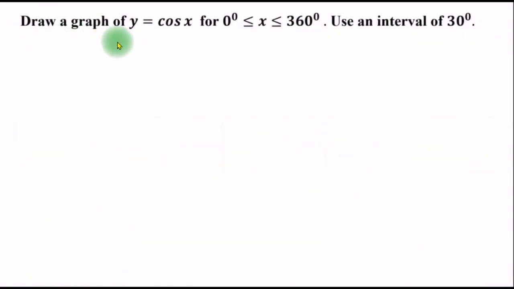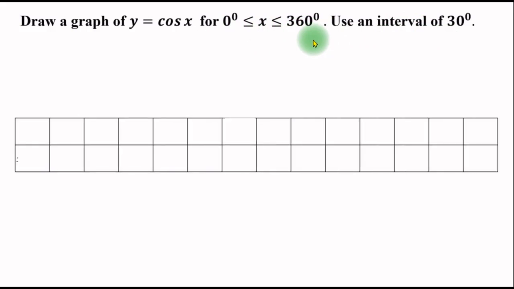So here we have another question. Draw a graph of y equals cosine x for this range of values from 0 to 360 degrees, and again we are going to use an interval of 30 degrees. The same way, we come up with a table of values, where we have x and then y equals cosine x.